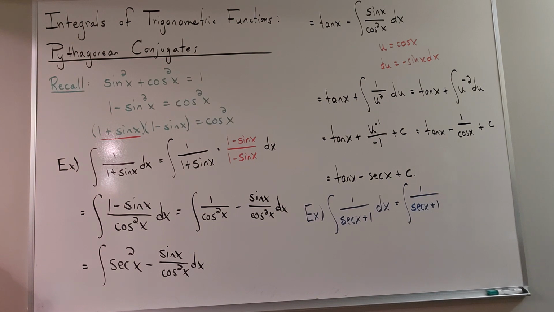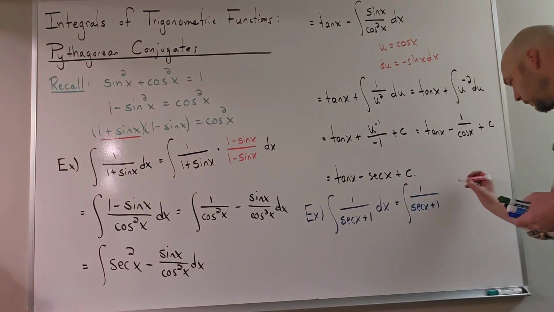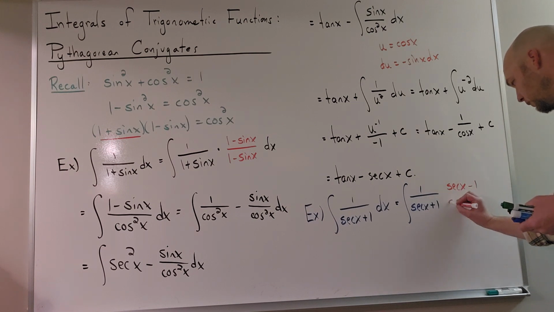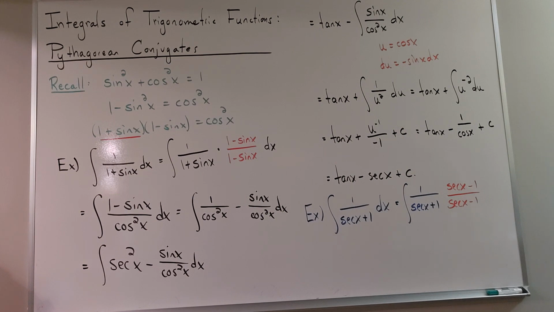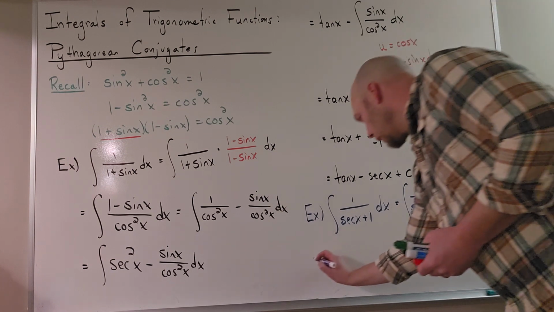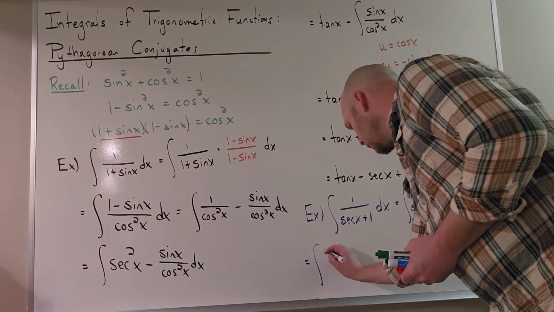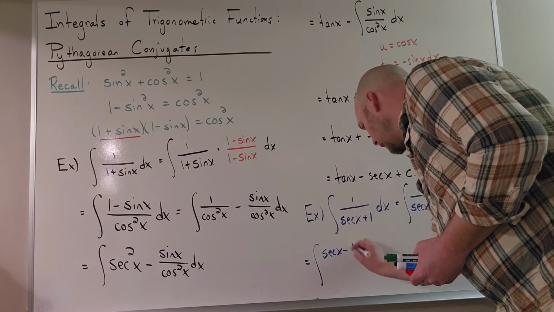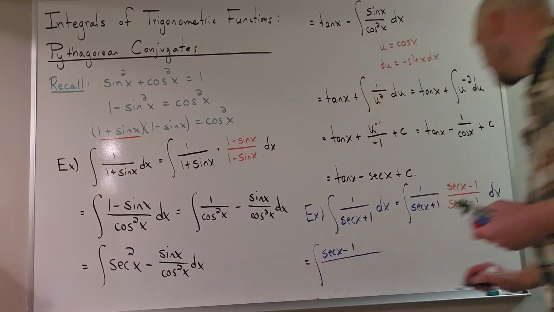And I'm going to multiply top and bottom by secant x minus 1. Okay, so this is going to give me the integral of secant x minus 1 on top, and let's go through all the details.